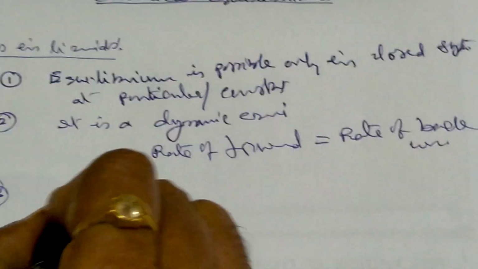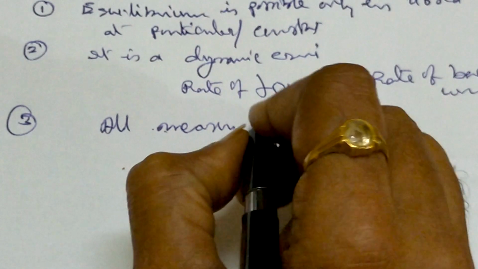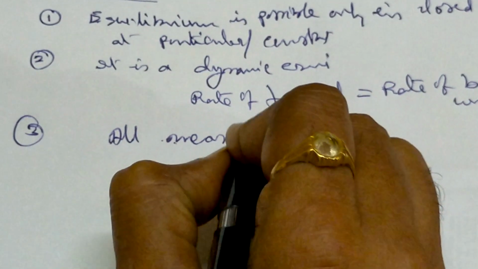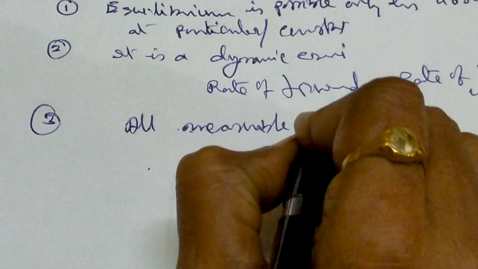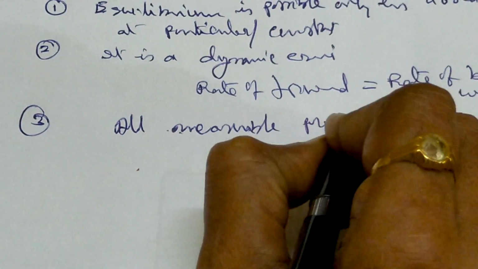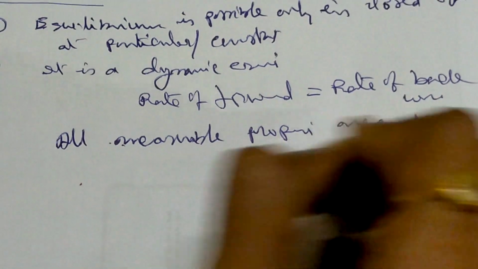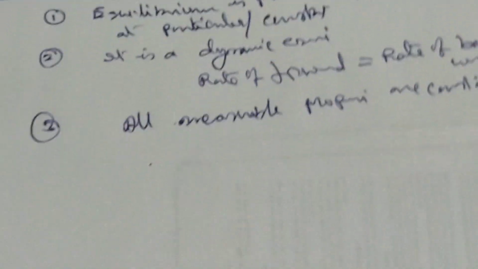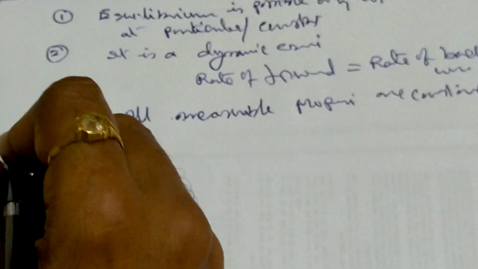And all measurable parameters or properties are constant. Mainly temperature should be constant.